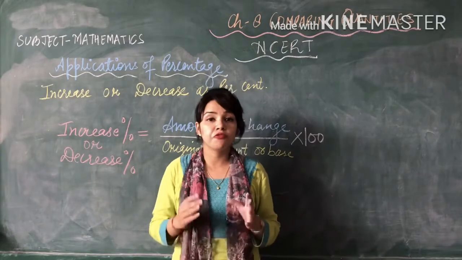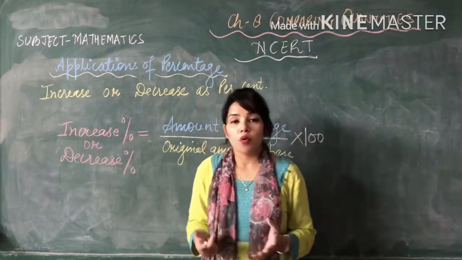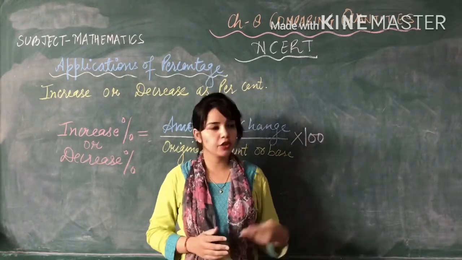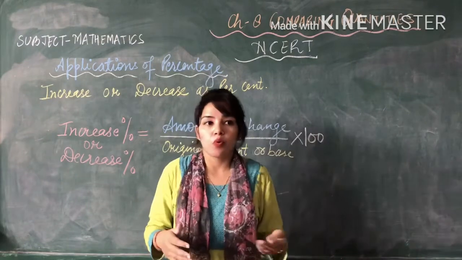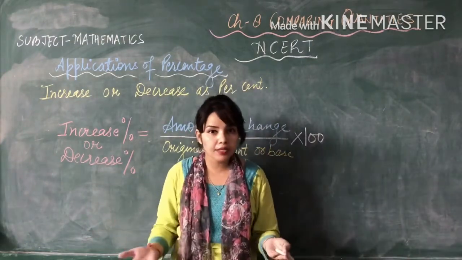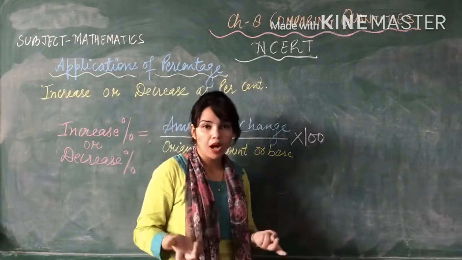Percentage is a very nice way to compare two things. Suppose you say that your marks in maths is 85% and your friend's marks is 80%, then it is very easy to compare who has got better marks. Now, how do you calculate your percentage, your marks?